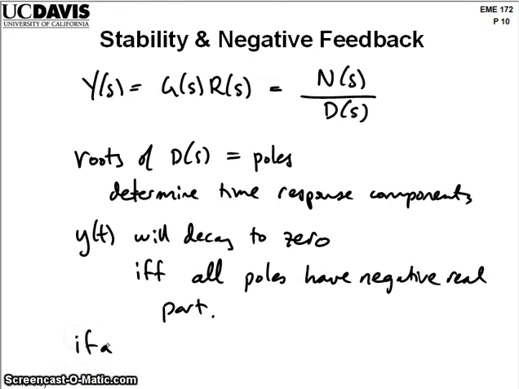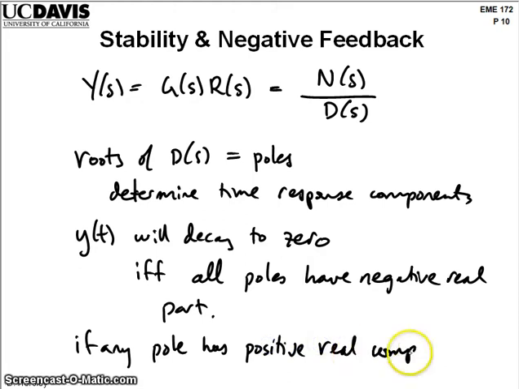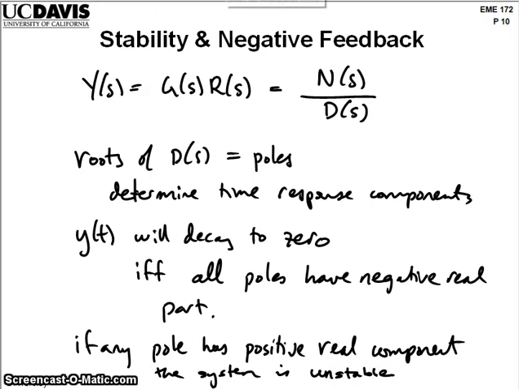So if any pole has positive real component, the system is unstable. The pen doesn't track very well at the bottom of the page. Unstable. Maybe I'll use a highlighter. So here we're calling this stable.